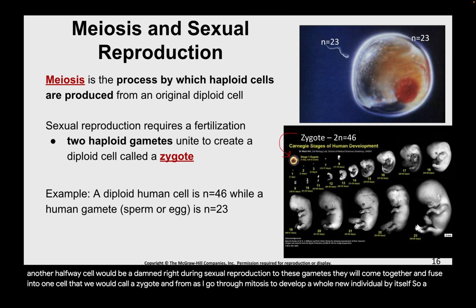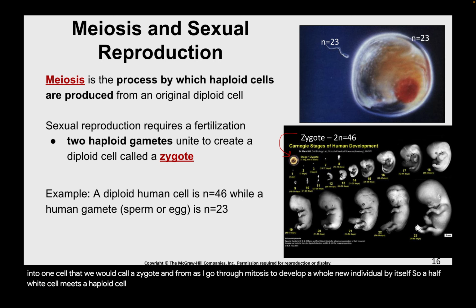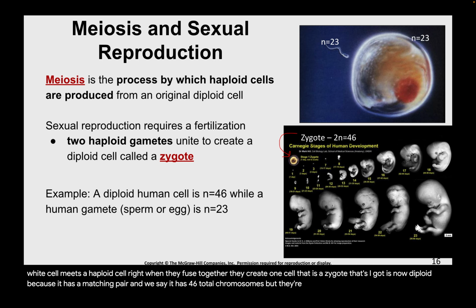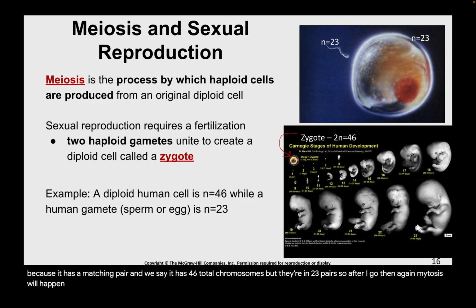So a haploid cell meets a haploid cell, and when they fuse together, they create one cell that is a zygote. That zygote is now diploid because it has a matching pair. And we say it has 46 total chromosomes, but they're in 23 pairs. So after a zygote, mitosis will happen again. The organism will grow and reach maturity.